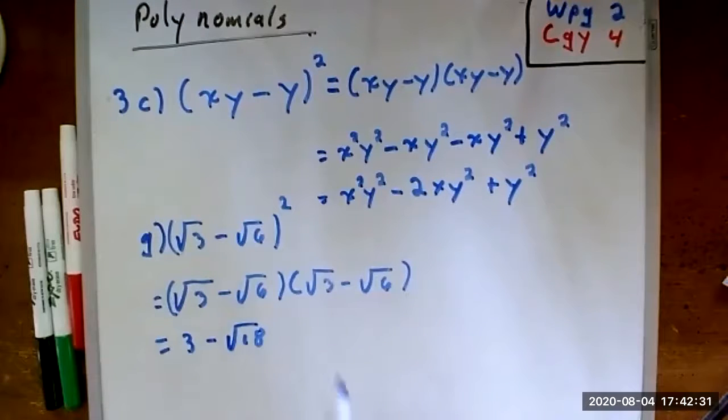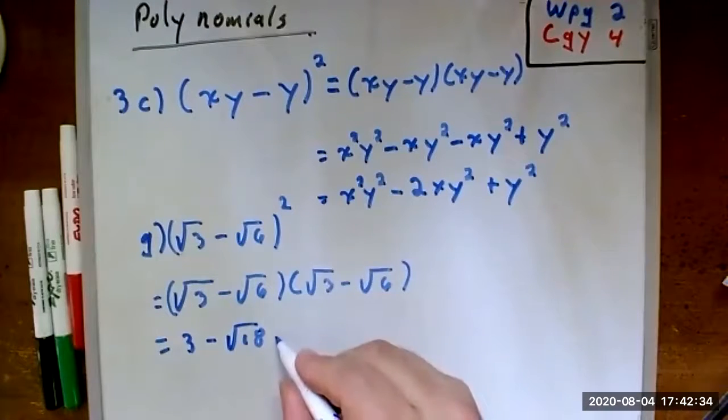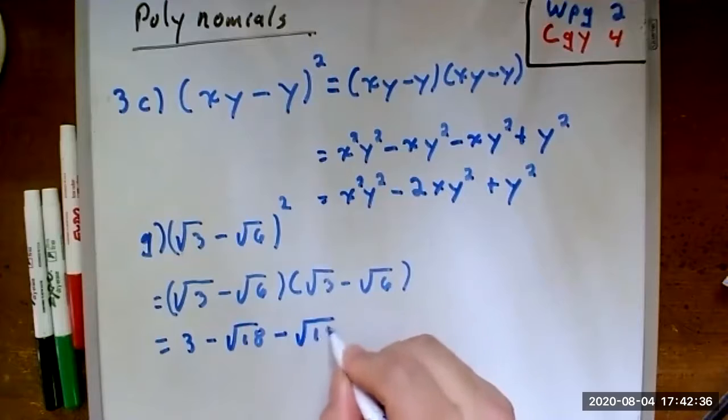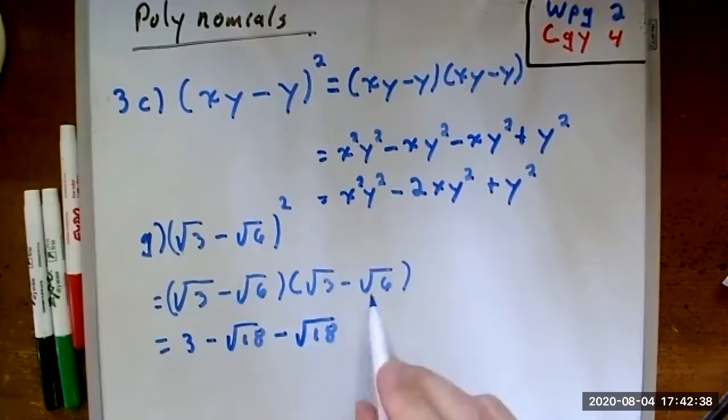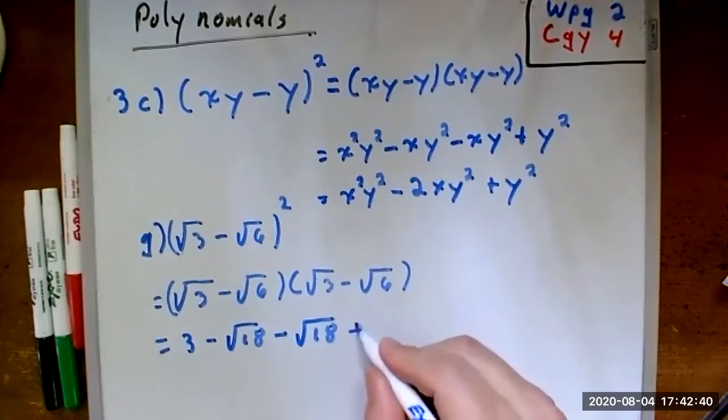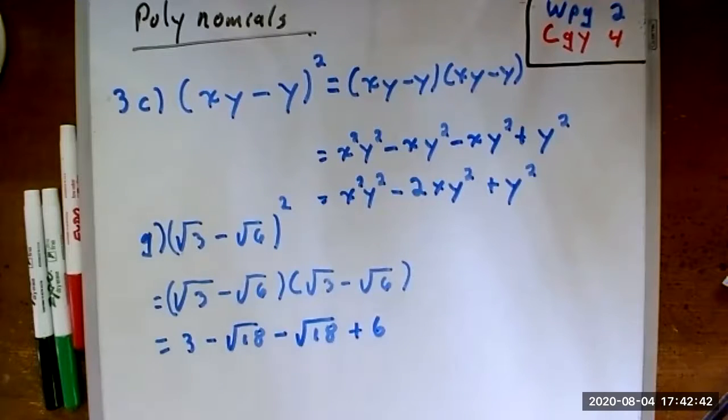Square root of 3 times the square root of 3 is just 3. Square root of 3 times negative square root 6 is going to be negative root 18. And then we do it again for another negative root 18. Negative root 6 times negative root 6 is going to be plus 6.